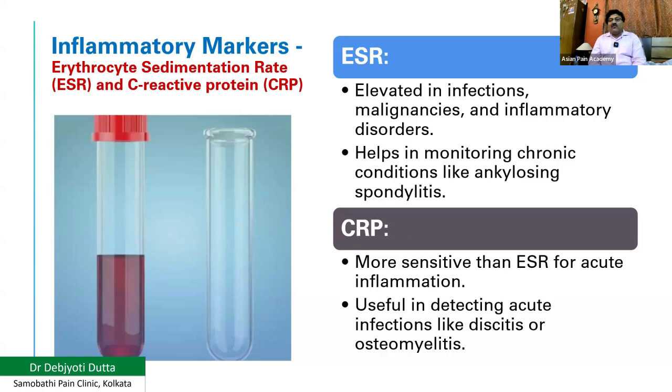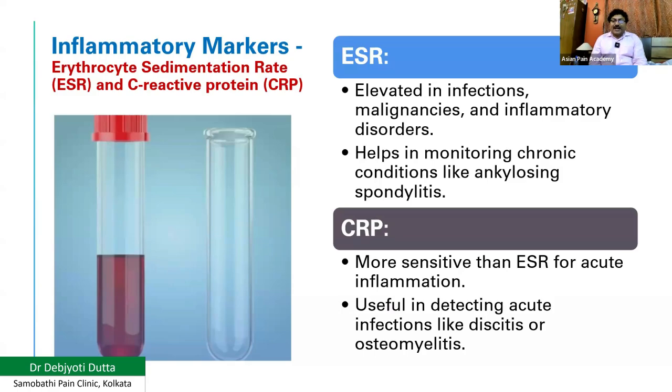Another important thing, for those who have not worked as a general physician earlier and are now starting as a pain physician, is that we sometimes forget to ask whether the patient has a cough or cold, because these are very common conditions that can increase these inflammatory markers. Even urinary tract infection in females is quite common, so ask for the history of these disorders as well. This is very important when you are seeing patients in your OPD.